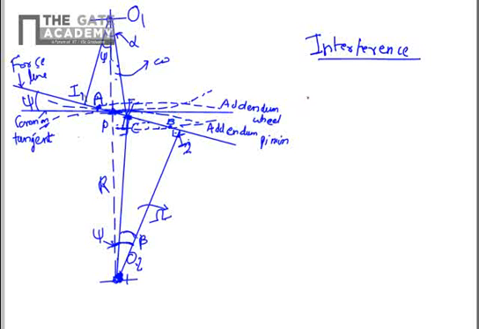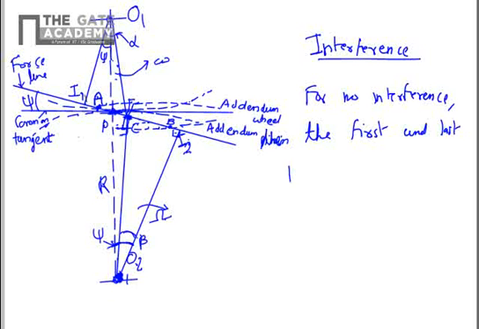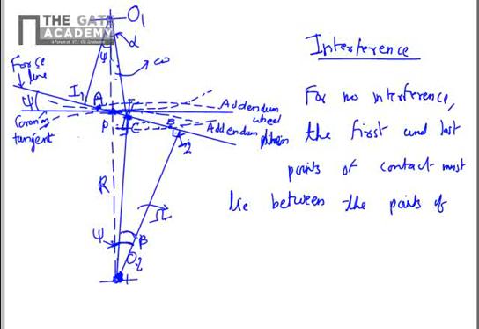Now, if no interference has to occur, then for no interference, the first and last points of contact must lie between the points of tangency.